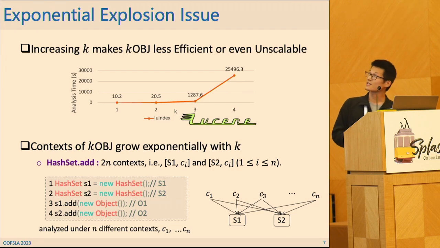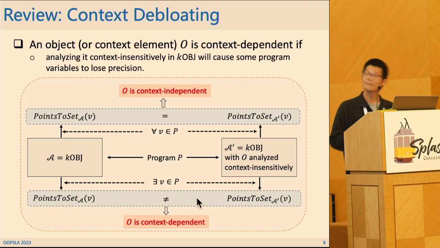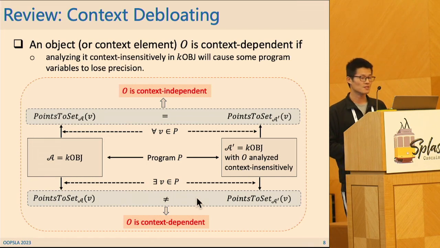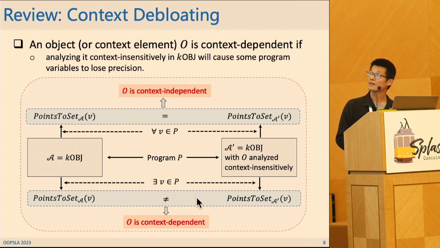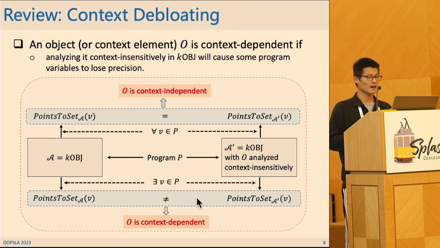To address this exponential explosion problem, in my previous publication, I proposed a novel technique called context-debloating. Let's briefly review the key idea of context-debloating. In K object sensitivity, the context elements are objects.